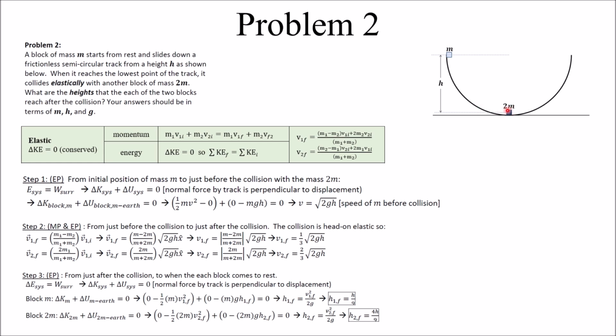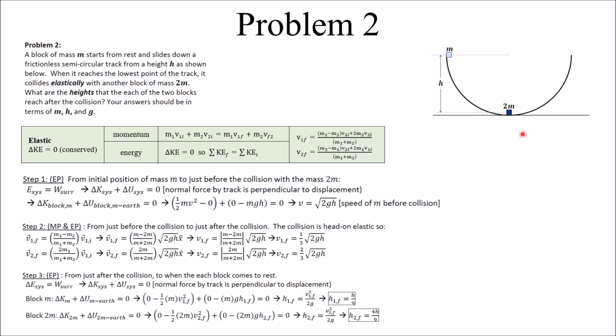The kinetic energy at the bottom after that collision is equal to the gravitational potential at the top, and we solve for the height of the first one, which will be h/9, similar to the last problem, and the height of the second object will be 4/9 h.